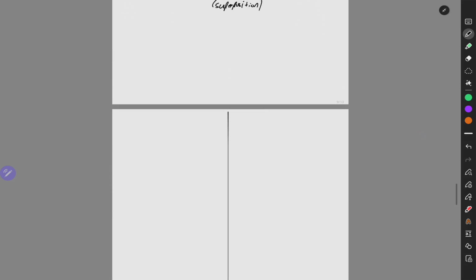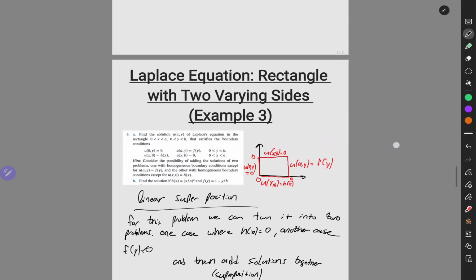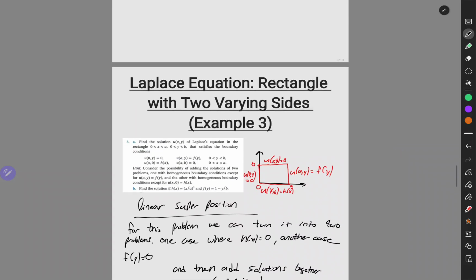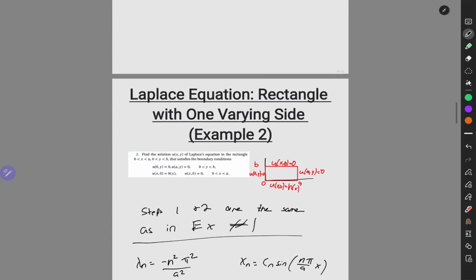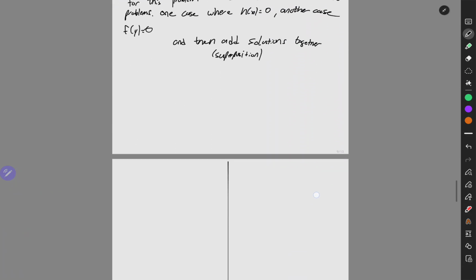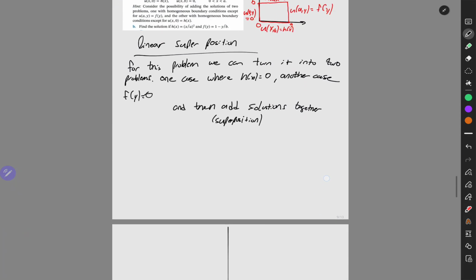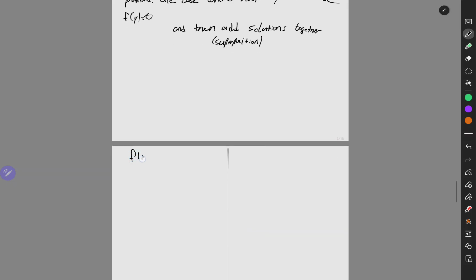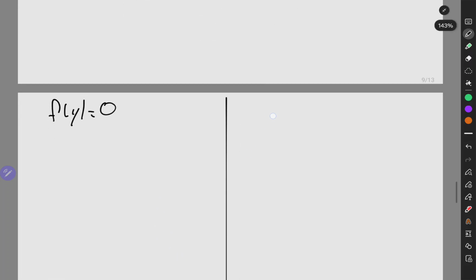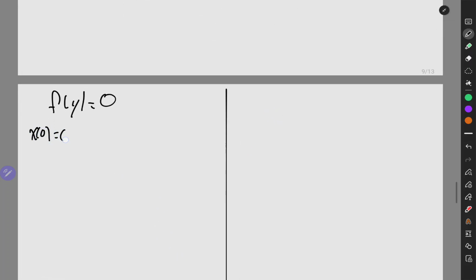So let's look at the case first where f of y is 0, because if f of y is 0, then this problem is exactly the same as this problem that we did for example 2. If f of y is 0, we have these other boundary conditions remaining.